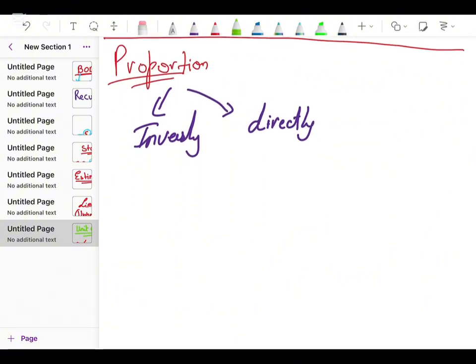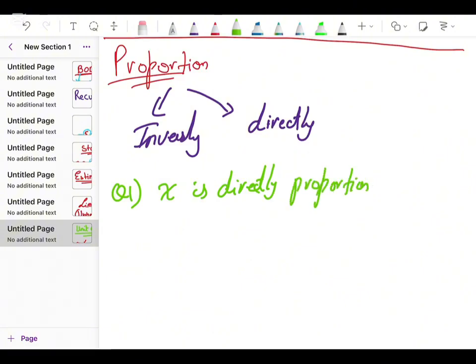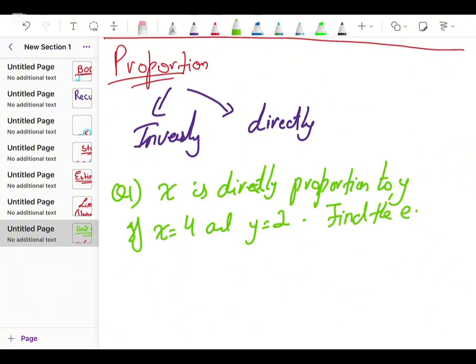So for example, I will explain to you: x is directly proportional to y. If x is 4 and y is 2, find the equation.